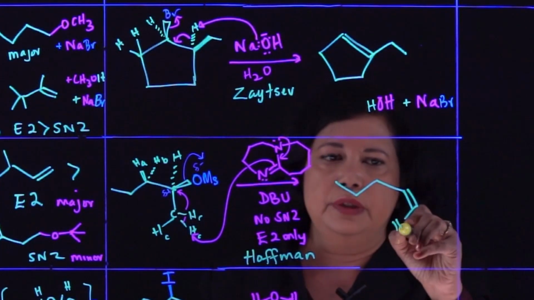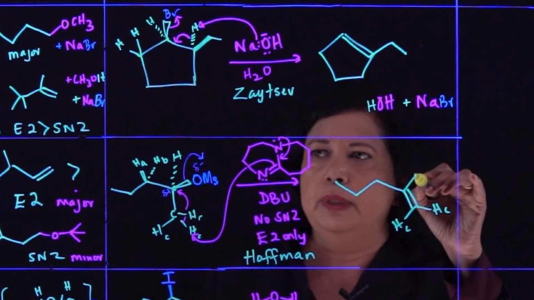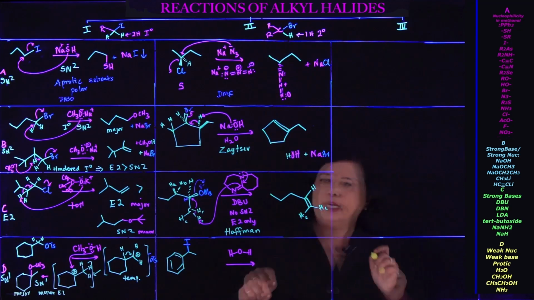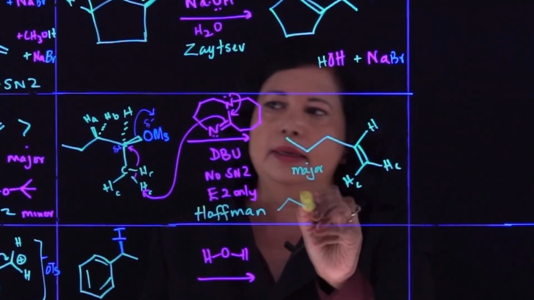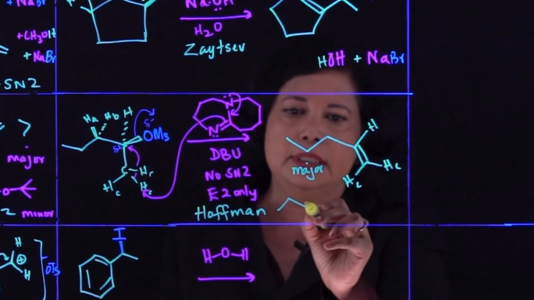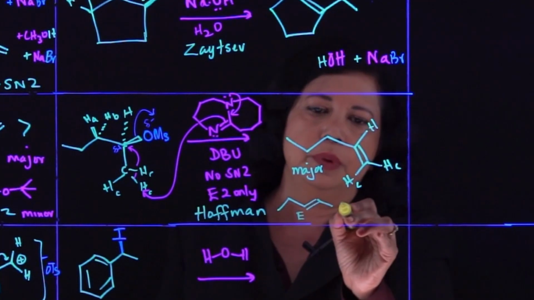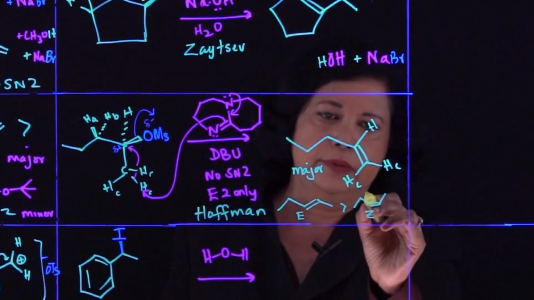In this case, you really don't have cis and trans. If you did, then it would be E over Z. So that's going to be your major. You would get a minor product, and that would be the most substituted Zaitsev product. And there, E would be more than Z because of the steric hindrance here.